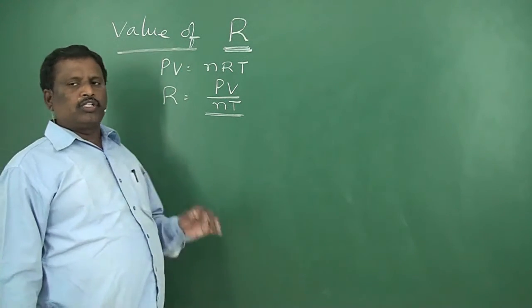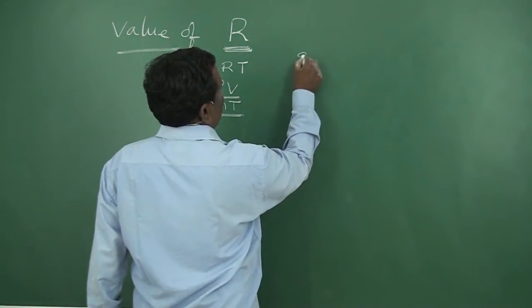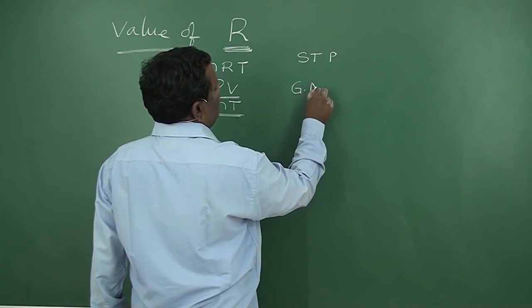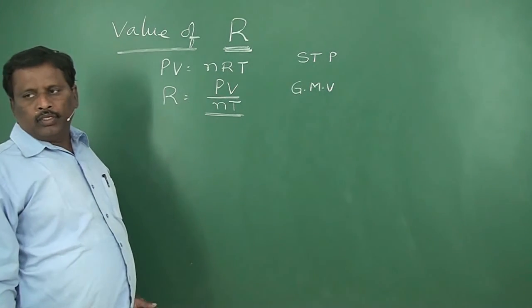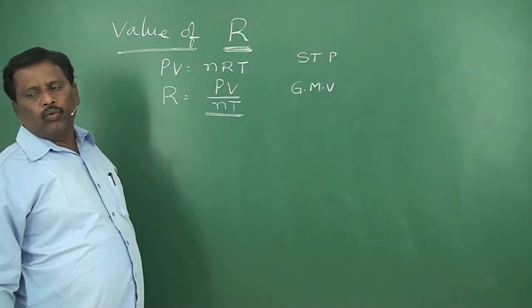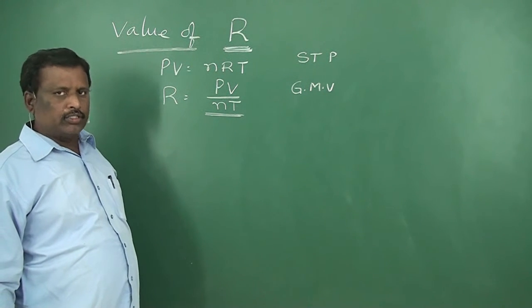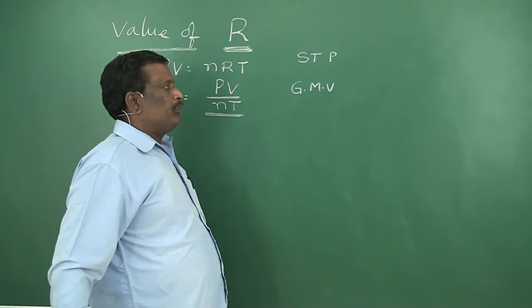Now you should learn two terms. One is STP, and another term is GMV, gram molar volume. STP, standard temperature and pressure.